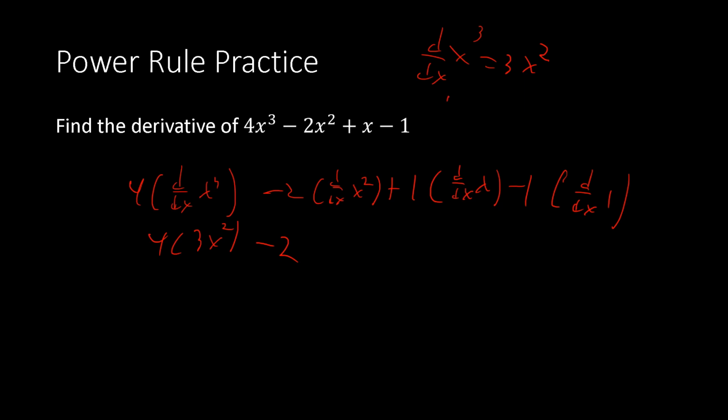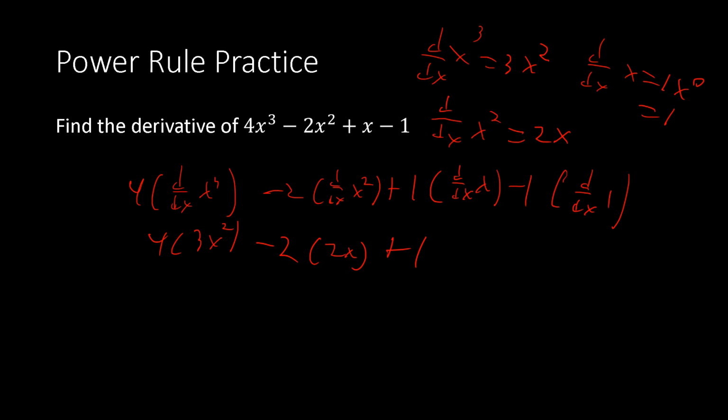Now let's do x squared. We're going to again bring the power to the front: 2 times x to the 2 minus 1, which is just 1, so this is just 2x. Next for x, this is just x to the first power, so we're going to do 1 times x to the 1 minus 1, which is x to the 0, so this is just 1.